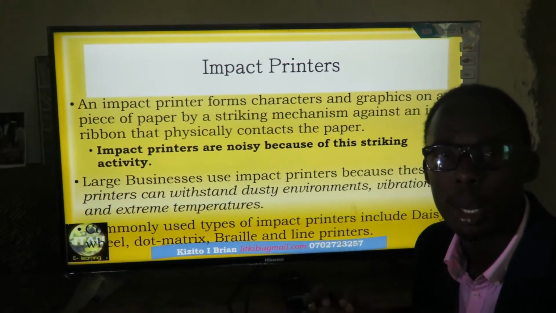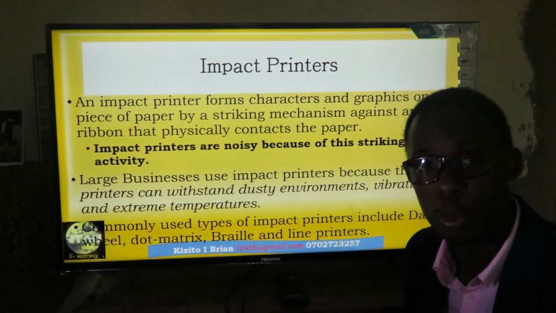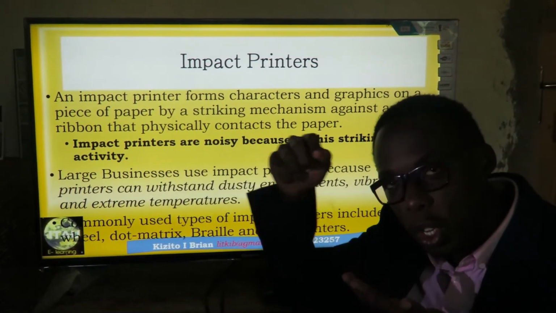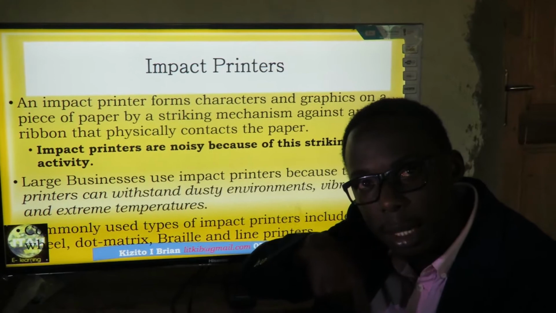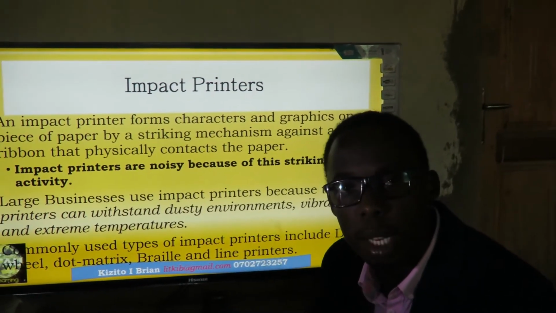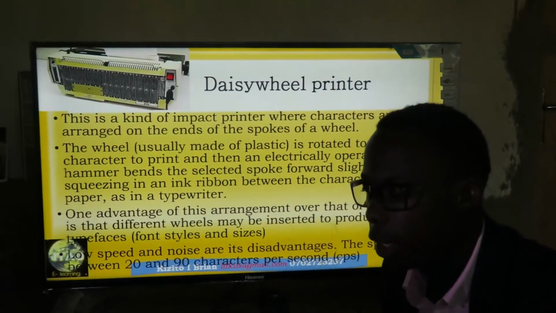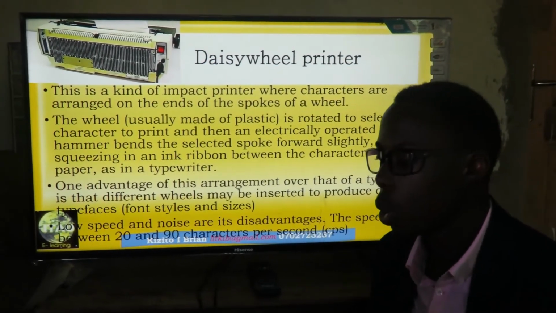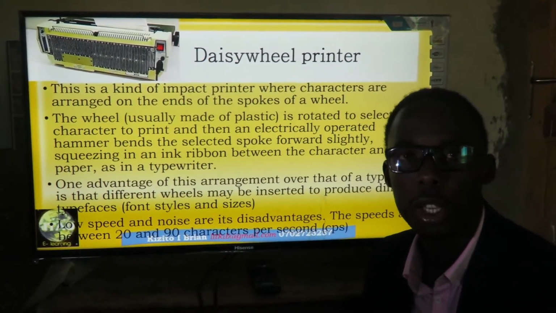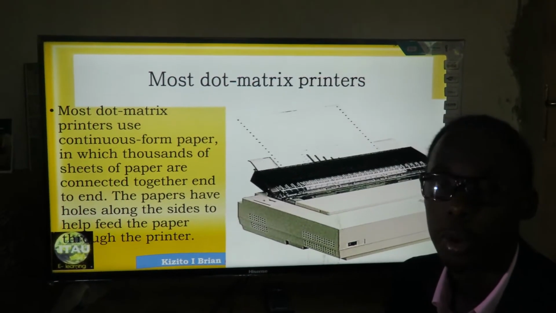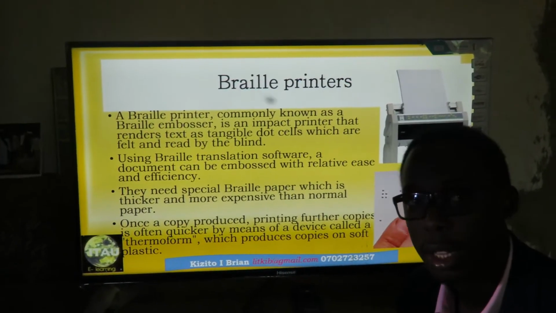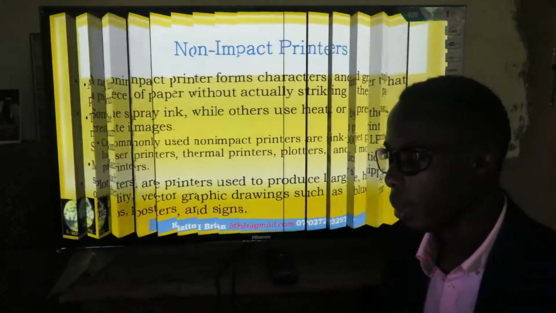That is the basic example that you will take for an impact printer. The print head must physically touch the print medium for output. Examples may include the daisy wheel printer, the dot matrix printer, the braille printer, the line printer.